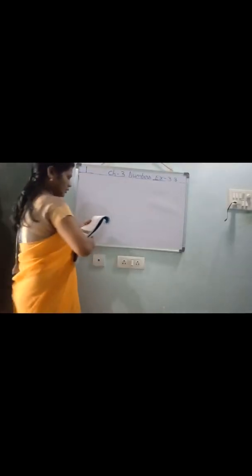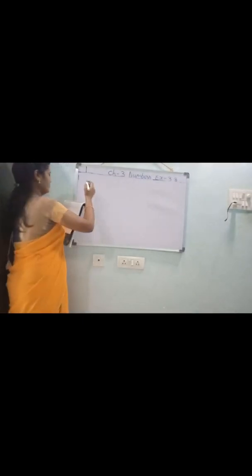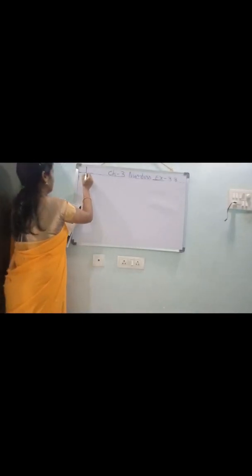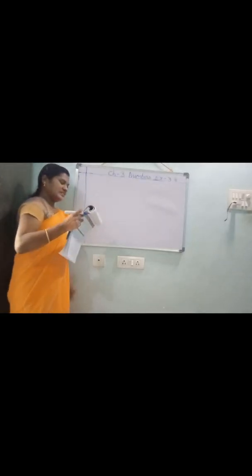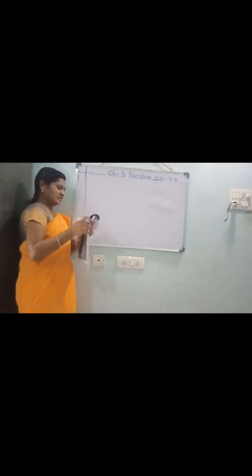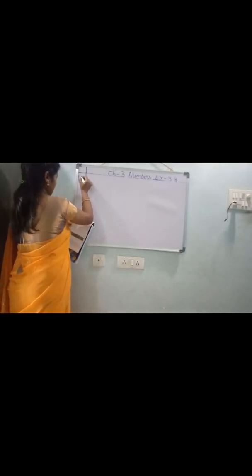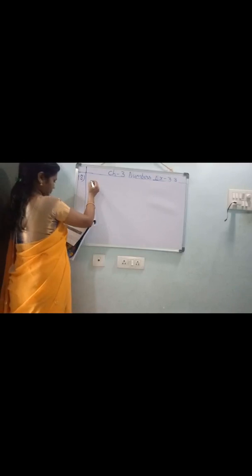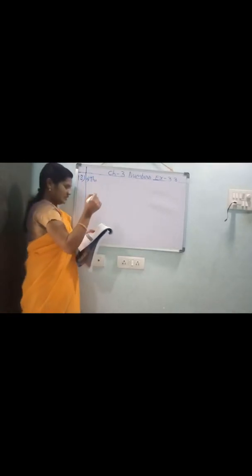Now 18th one, children. Use the two different digits with repetition from the following. See, A. Greatest 3-digit number, smallest 3-digit number. See, 19th one. A1. Greatest 3-digit number.